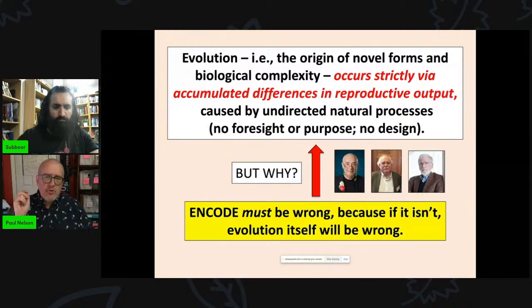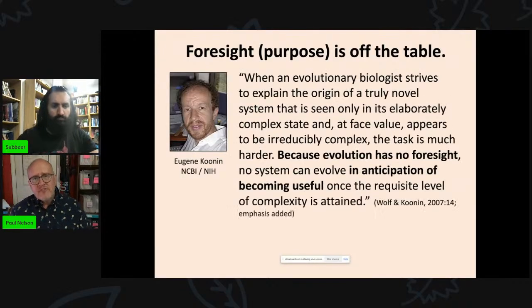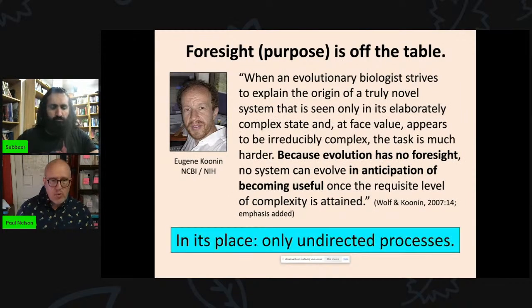So if that's what you think caused us to come to be, that gives expectations about what the genome should look like. Foresight or purpose was perfectly real as a cause to Linnaeus or to Newton or to Boyle or to Cuvier or to Agassiz.